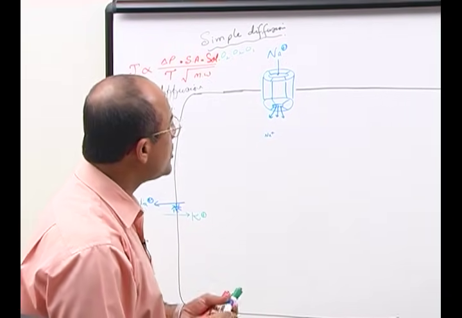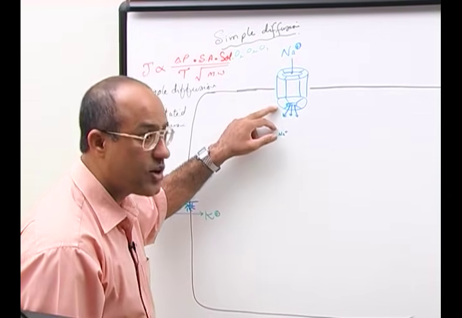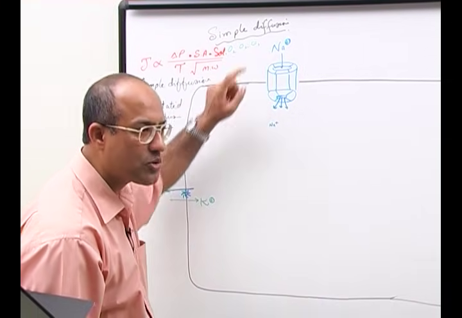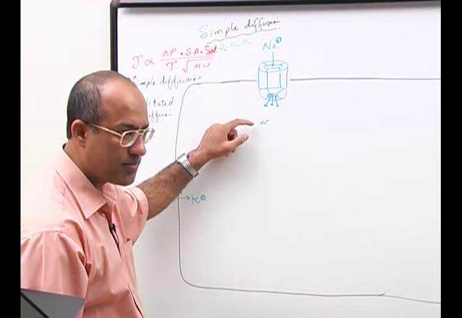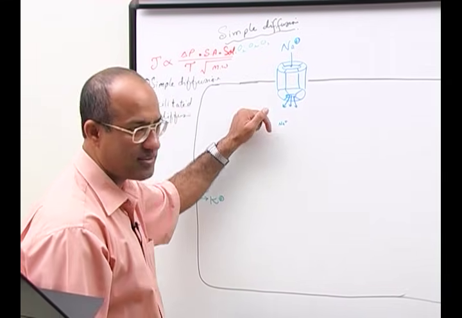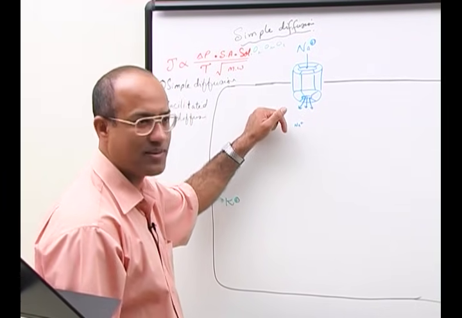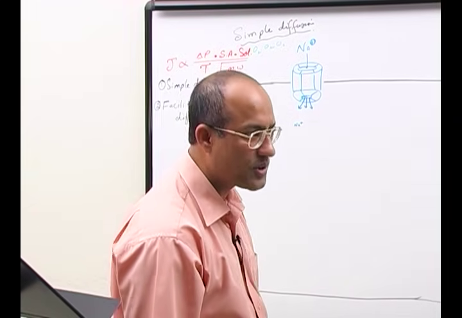So the presence of these channels in active state facilitates the movement of sodium from high concentration to low concentration. So movement of sodium through the sodium channels is an example of facilitated diffusion. This is another example of facilitated diffusion, right?